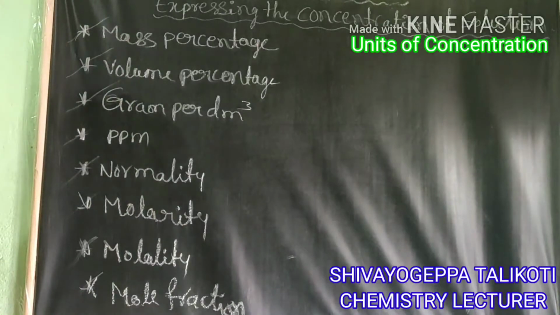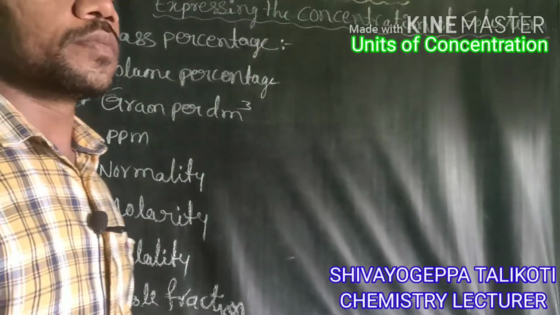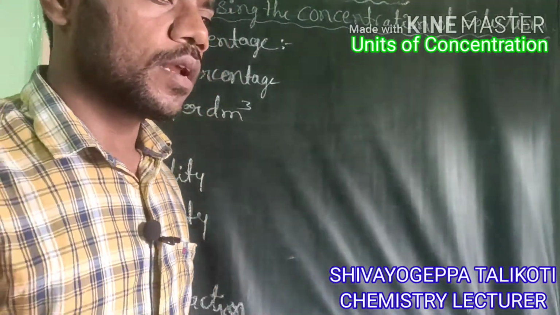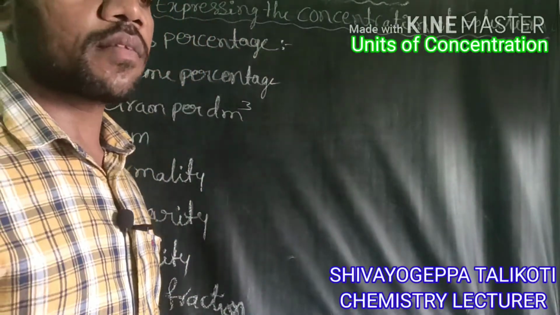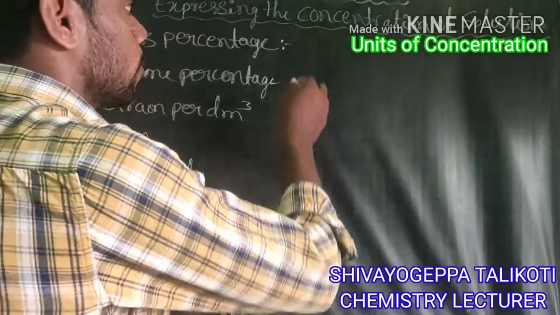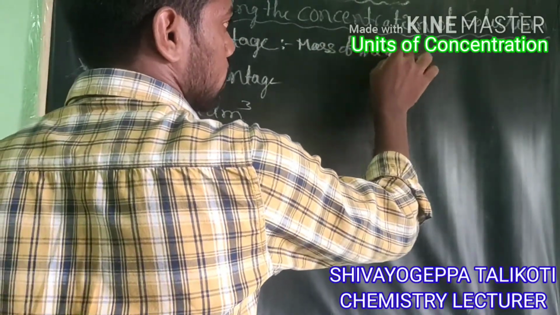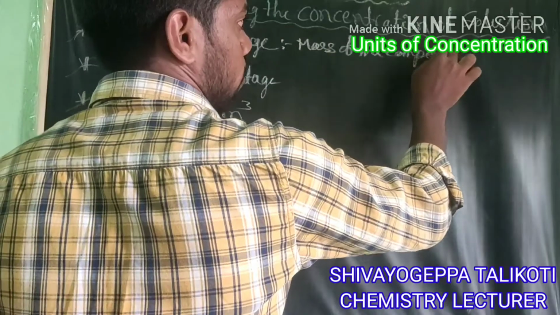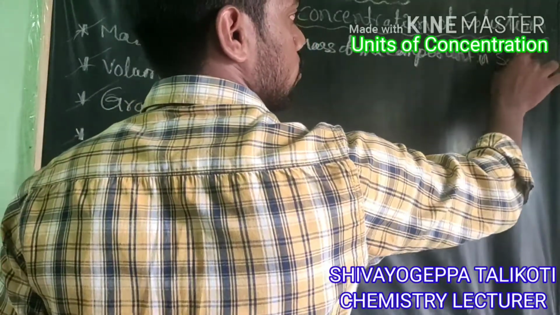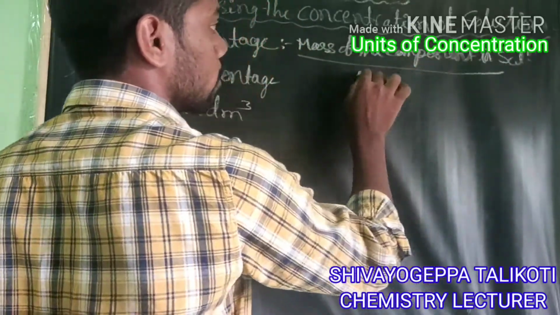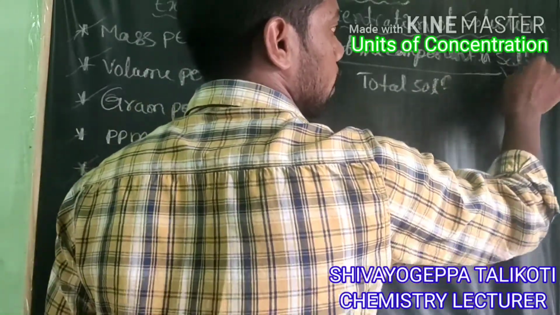First one, mass percentage. What is meant by mass percentage? That is very important. The mass percentage is the mass of a component in a solution divided by total solution into 100.